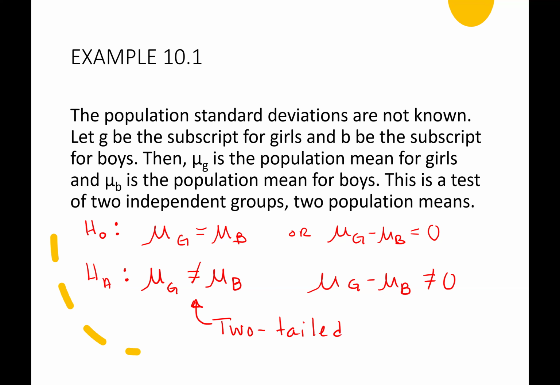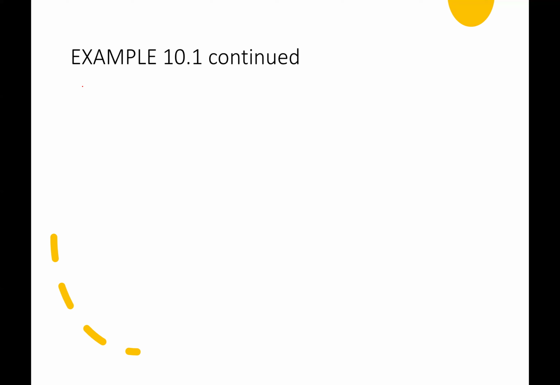Okay, so we've got our hypothesis test set up. Now it's time to start doing some calculations. The first thing we're going to calculate is our t-score, because we need our t-score to find the area under the curve that corresponds to that t-score. And the formula was what? The difference in the sample means minus the difference in the population means, which we are assuming is 0, correct?